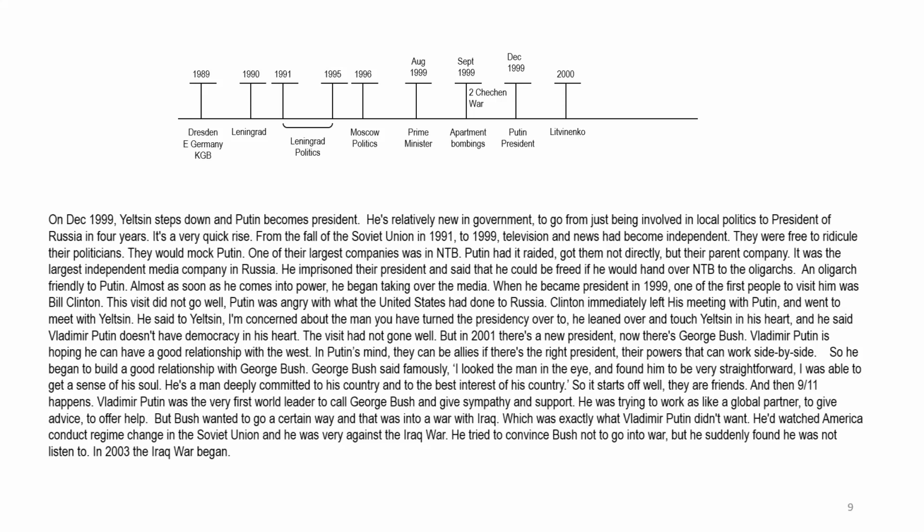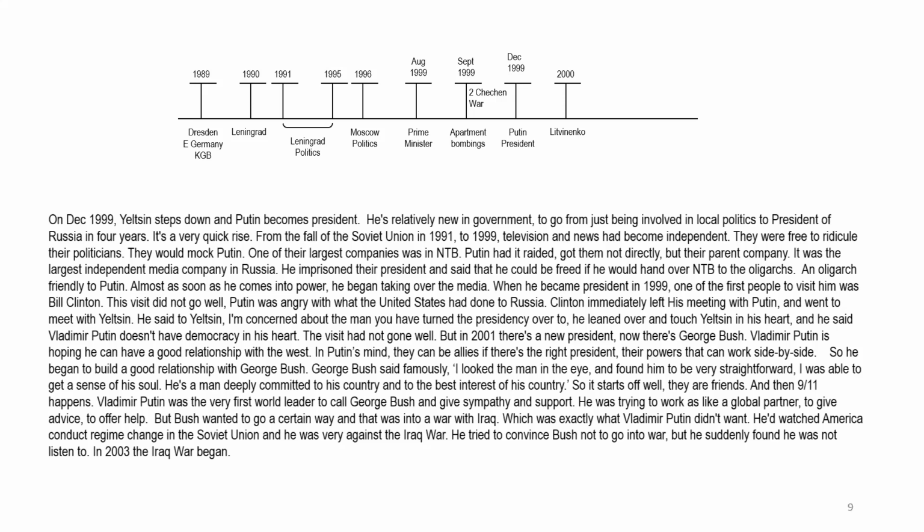They are friends. And then 9/11 happens. Vladimir Putin was the very first world leader to call George Bush and give sympathy and support. He was trying to work as a global partner, to give advice, to offer help. But Bush wanted to go a certain way, and that was into a war with Iraq, which was exactly what Vladimir Putin didn't want.